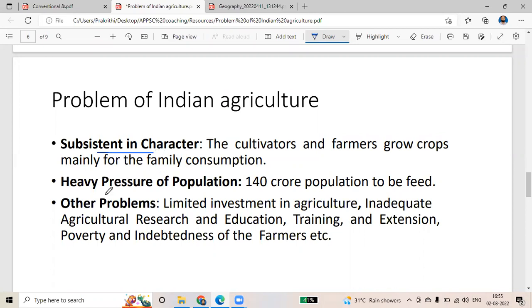The heavy pressure of population. As I said, the main problem after post-independence was poverty. So poverty कैसे होगा? There will not be enough economy to buy the food, or the production is not sufficient to feed the population. अभी population को feed करना है.